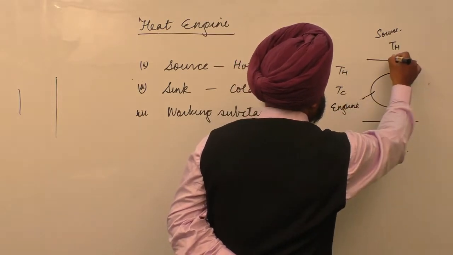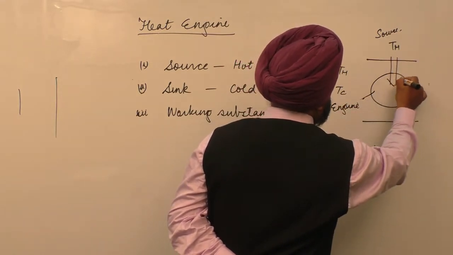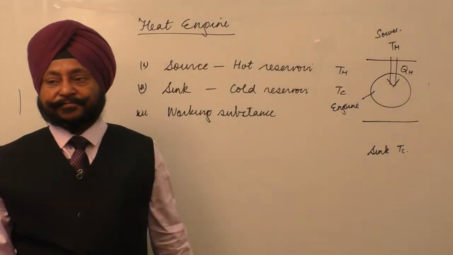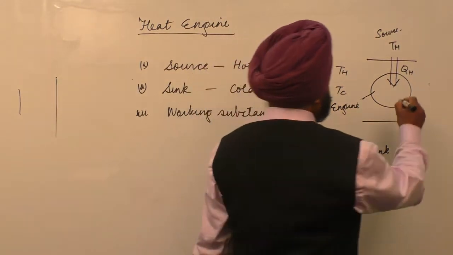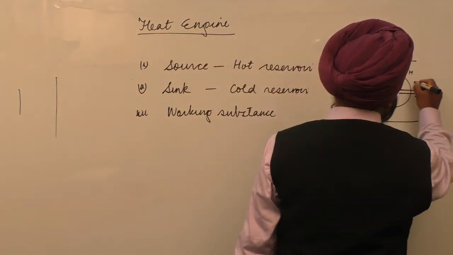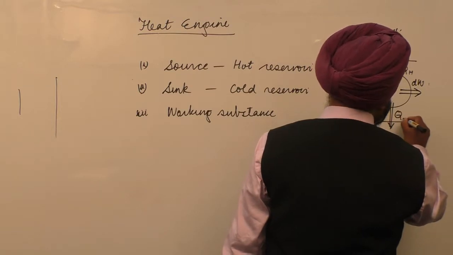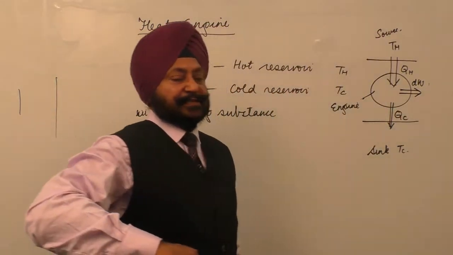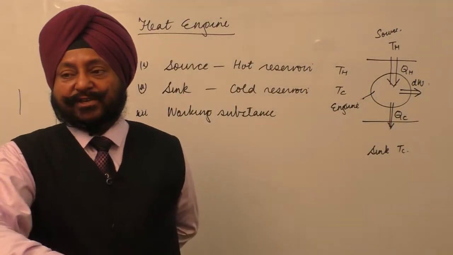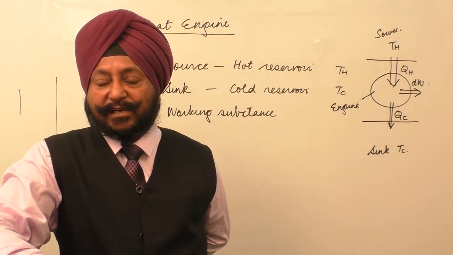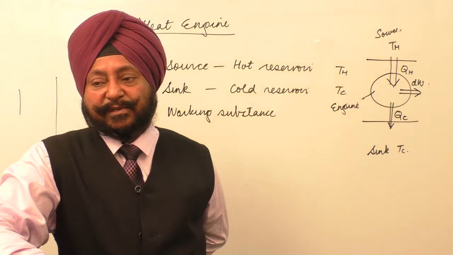So the working substance will extract a certain amount of heat QH from the source, convert a part of this into mechanical work, dW, and whatever little bit remains will be thrown into the sink. That means the amount of heat QH will be extracted from the source.